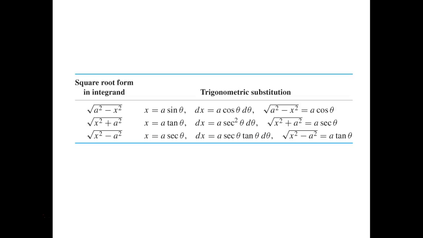The derivative of that would be a secant squared theta d theta, and then you get a form that you can fiddle with. This form, you use x equals a secant theta, because secant squared theta minus 1 would be tangent squared theta, so that becomes a tangent theta, and dx would be a secant theta tangent theta d theta.